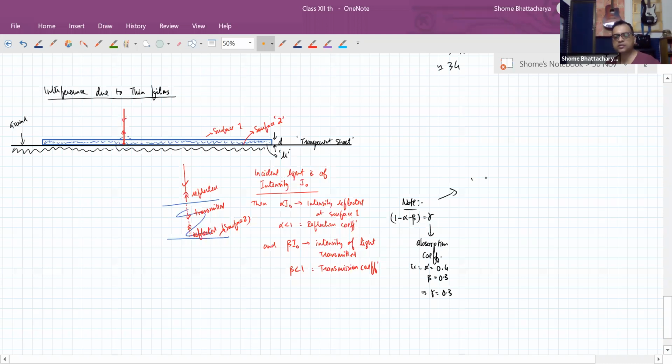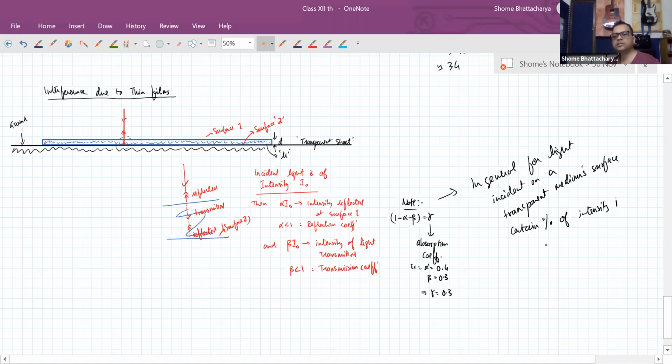So basically, in general, for light incident on a transparent medium surface, a certain percentage of intensity is always reflected, transmitted, okay, and also absorbed.